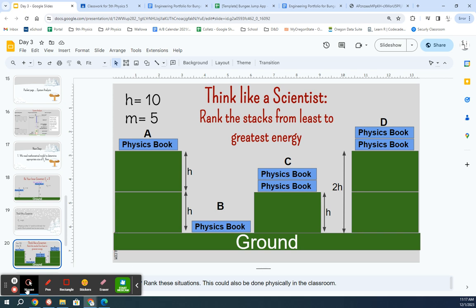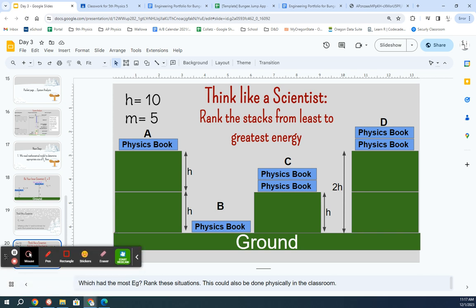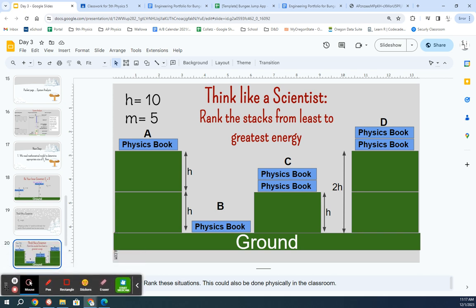All right, hopefully you had a chance to rank those. And of course, we want to be thinking to ourselves, okay, which one should have the least amount of energy? Well, B is directly on the ground. So if the equation is mgh, we know that h is 0.